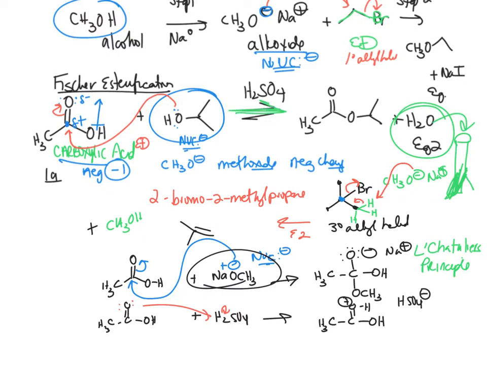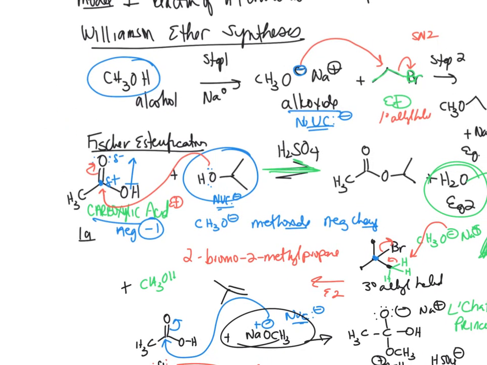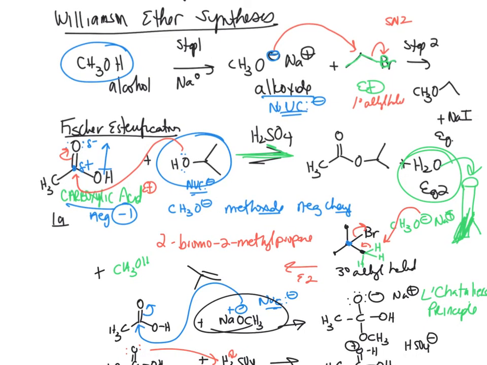Okay, compare the two reactions in Model 1. What is the role of the alcohol in each reaction? So in each reaction, the alcohol is your nucleophile. So reaction 1, the Williamson ether synthesis, the role is the nucleophile, right?